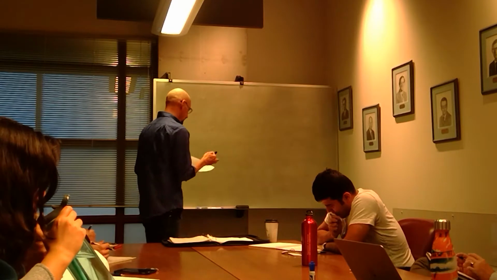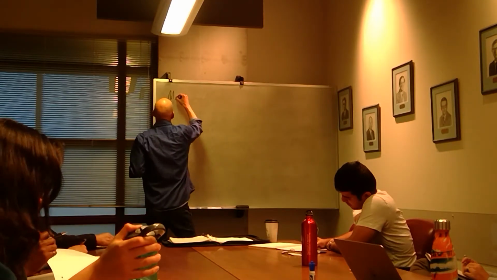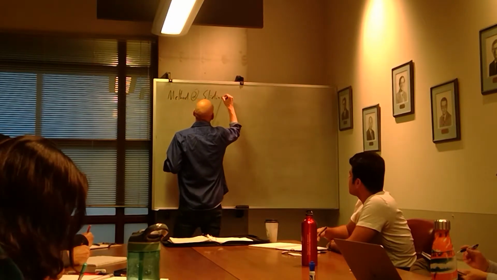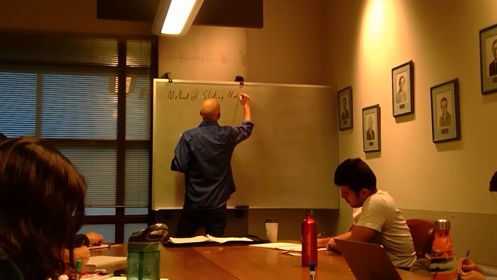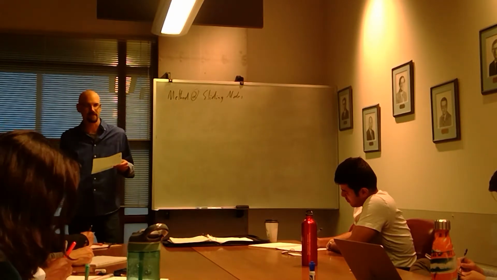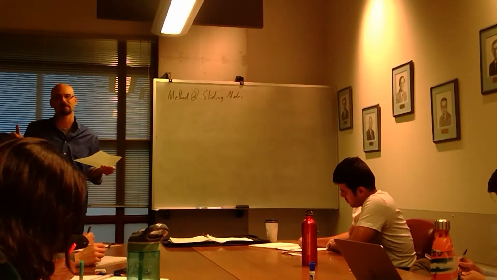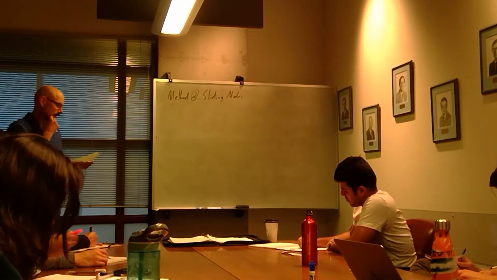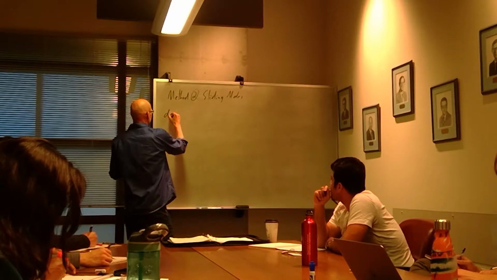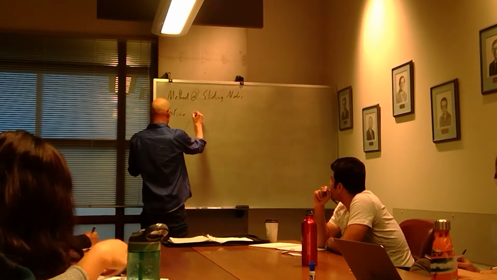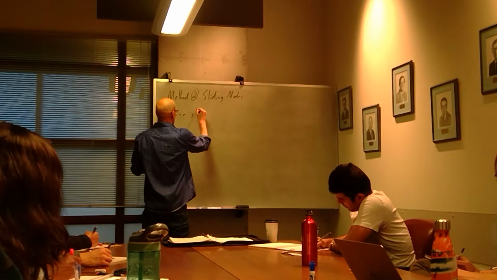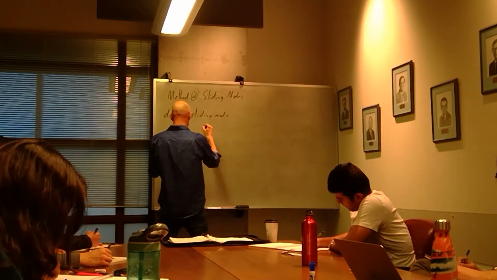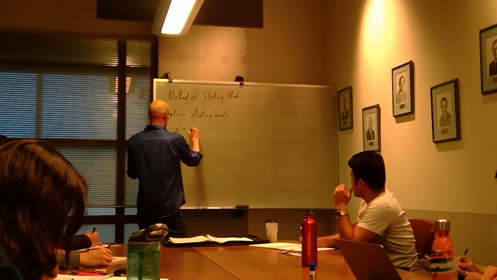So method 2: sliding modes. Remember, we're talking about methods for dealing with systems in canonical form. The first thing you do is define the sliding mode, or sliding surface, or auxiliary error, whatever you want to call it.